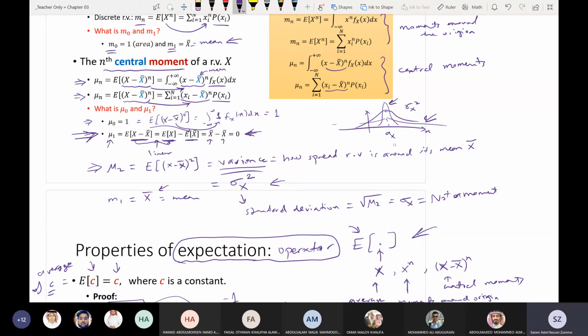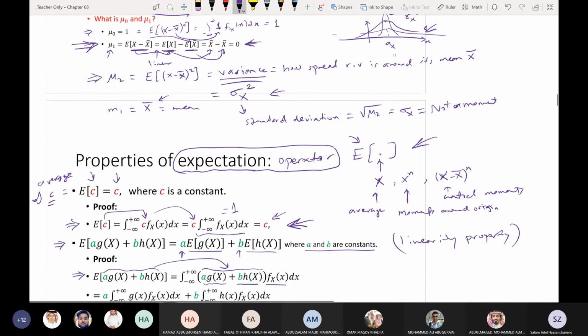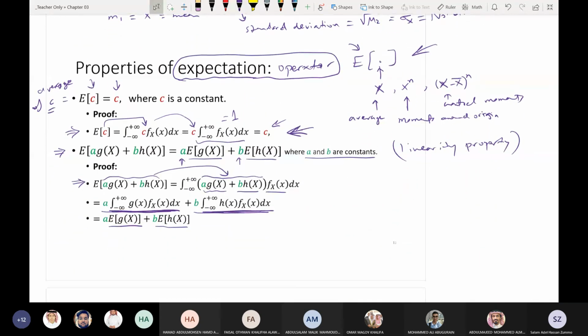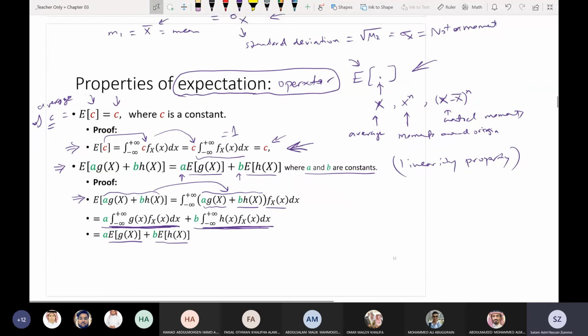The first part is x bar. The second part is the expected value of x bar, which is also x bar, since it is the expected value of a constant. We already used these properties here.